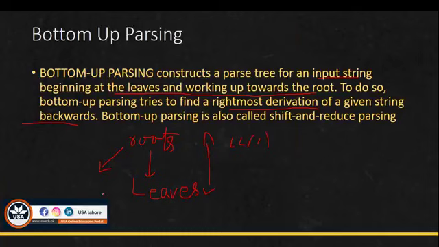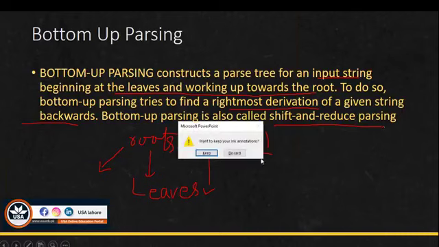But in bottom-up parser, we start constructing our tree from leaves to root, so we construct in rightmost derivation. Bottom-up parsing is also called shift-reduce parsing. As I previously told you, it is also called SR parsing, where SR means shift-reduce parsing.